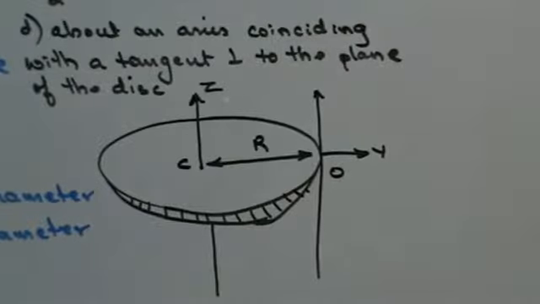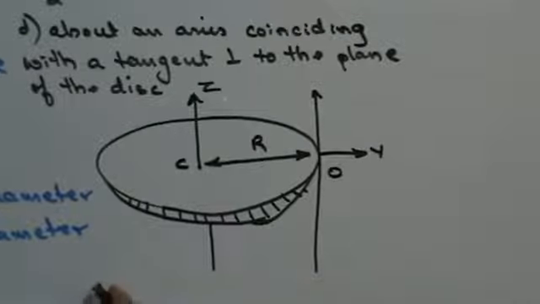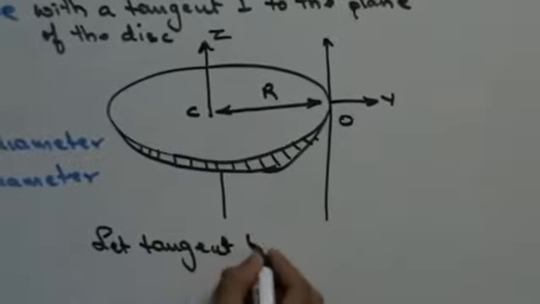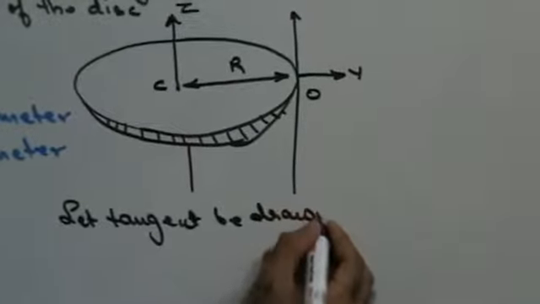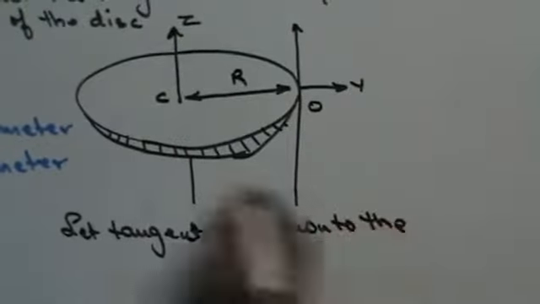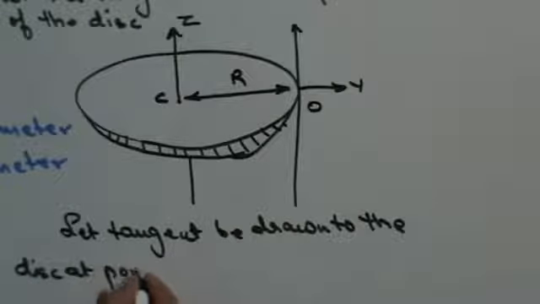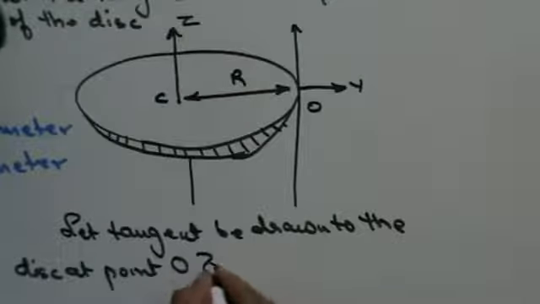Okay, let's assume a tangent is drawn to the disc at point O and perpendicular to the plane of the disc.